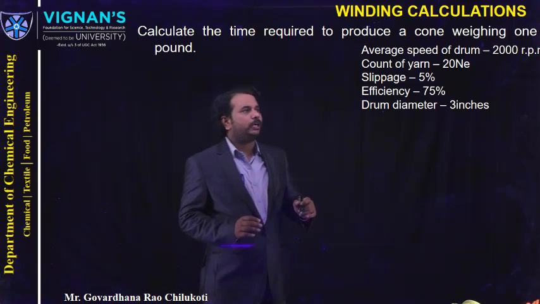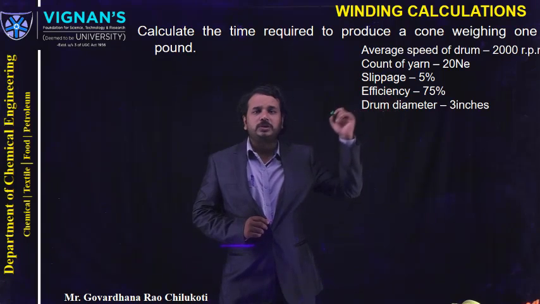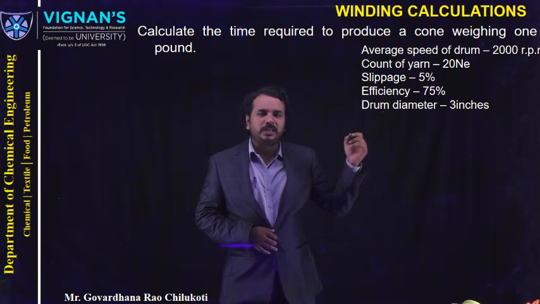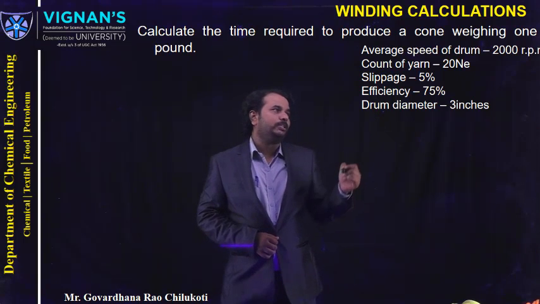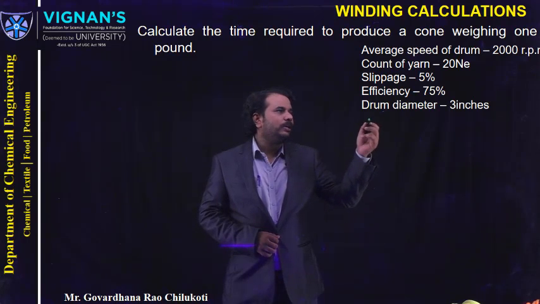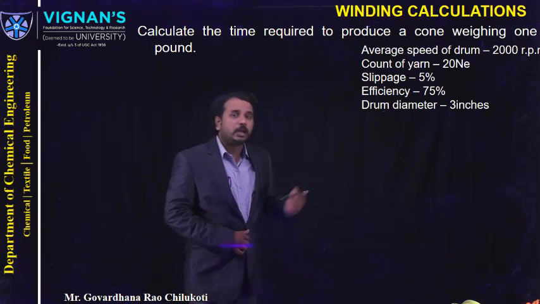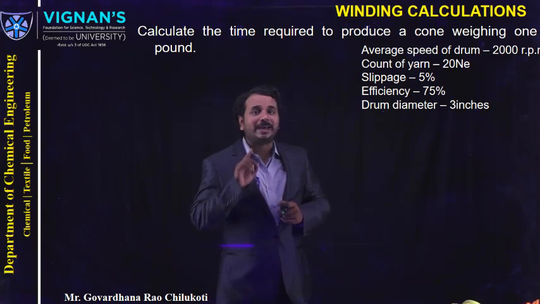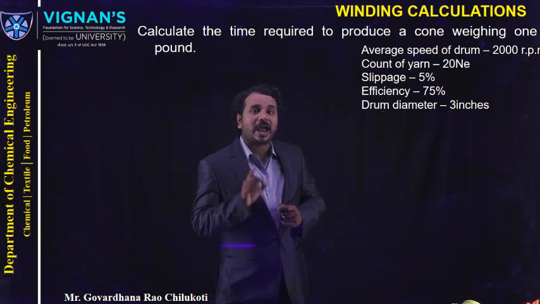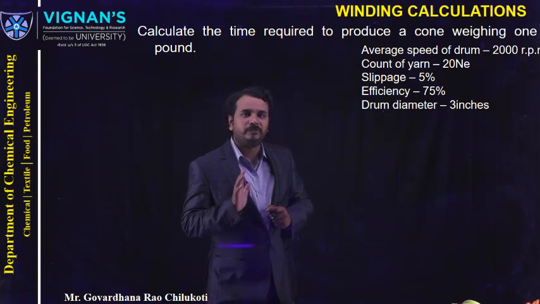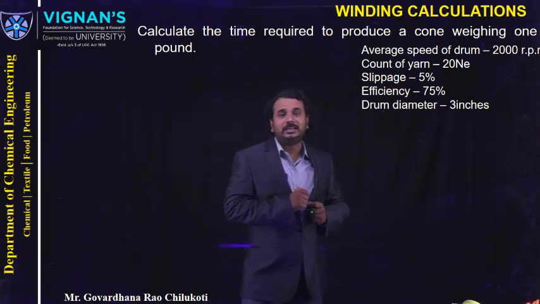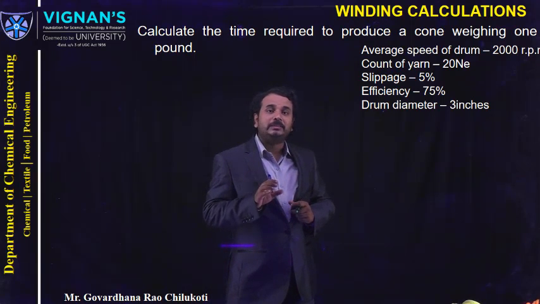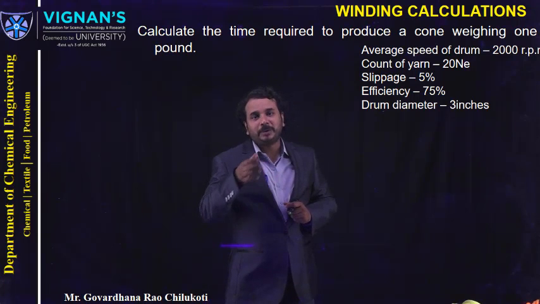The average speed of the drum is 2000 RPM, the count of yarn is 20 Ne, and the drum diameter is 3 inches. The slippage is also given, 5% slippage. So we need to calculate the actual speed of the drum, because the given 2000 RPM did not consider slippage in the previous calculation.